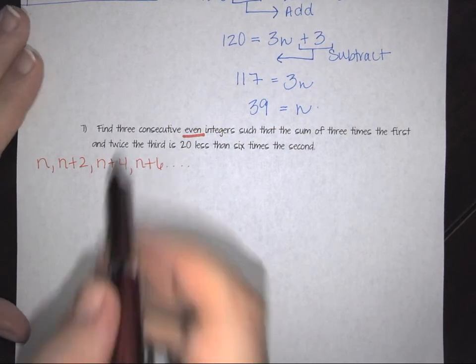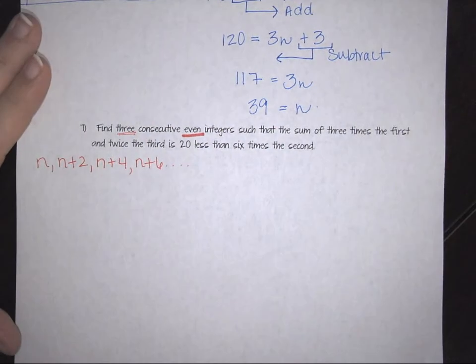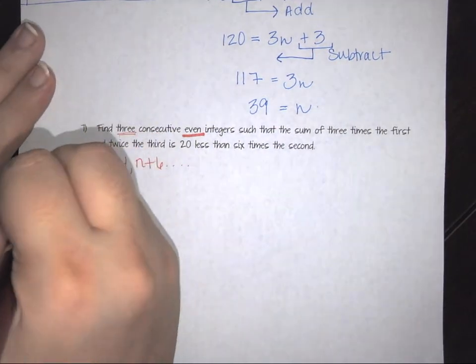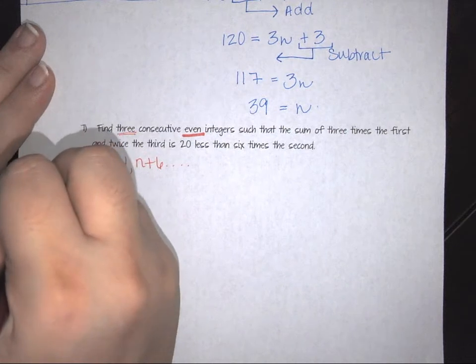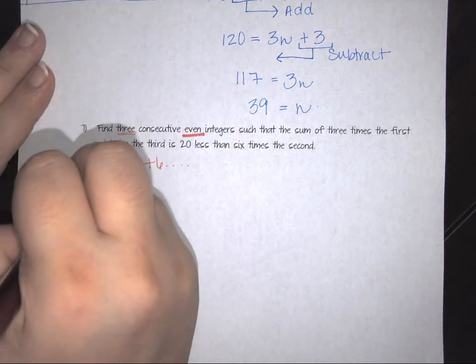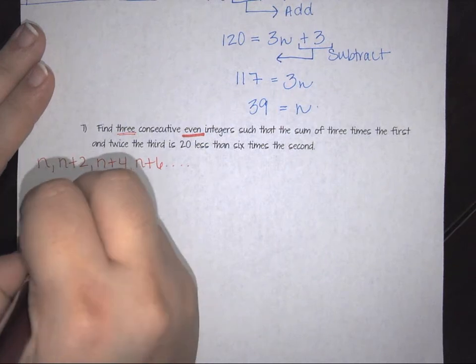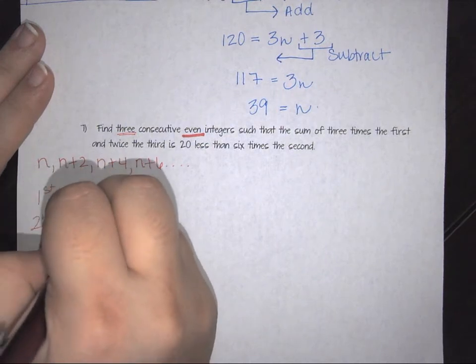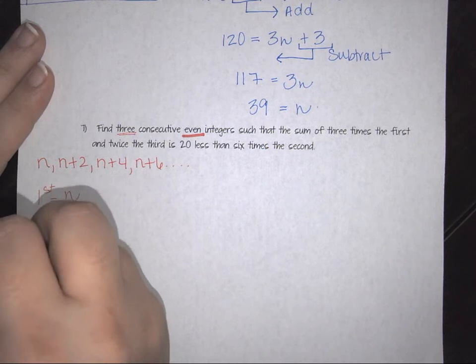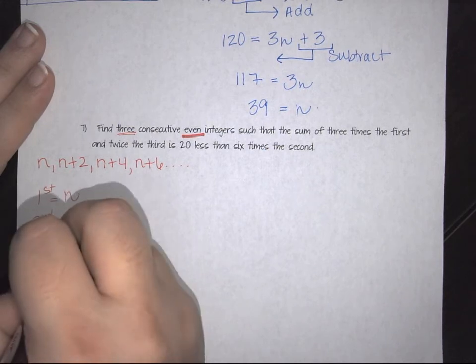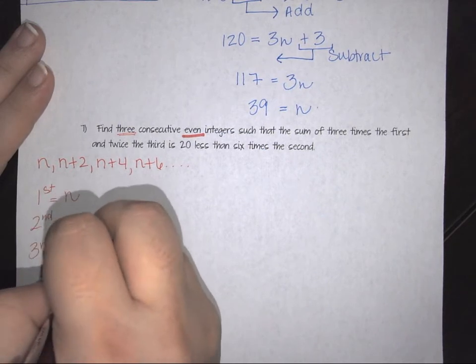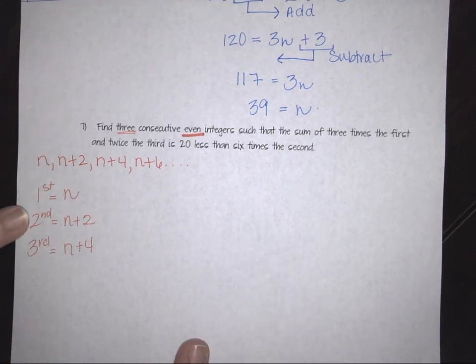So I want 3 consecutive even integers. My first is going to equal n. My second is going to equal n plus 2. And my third is going to equal n plus 4. So I have everything mapped out that I need.